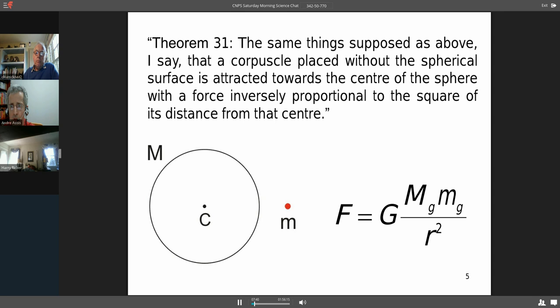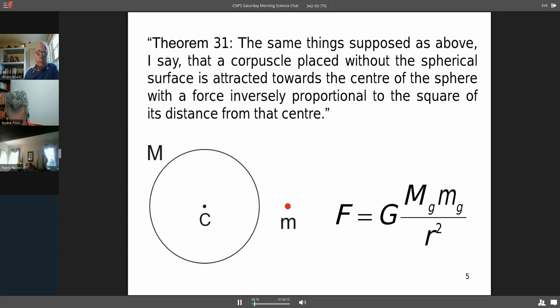Here are his words: "The same things supposed as above, I say that a corpuscle placed without the spherical surface is attracted towards the center of the sphere with a force inversely proportional to the square of its distance from that center." So we recover Newton's law of gravitation, but now with the distance between the apple and the center of the Earth, supposing the Earth essentially spherical.